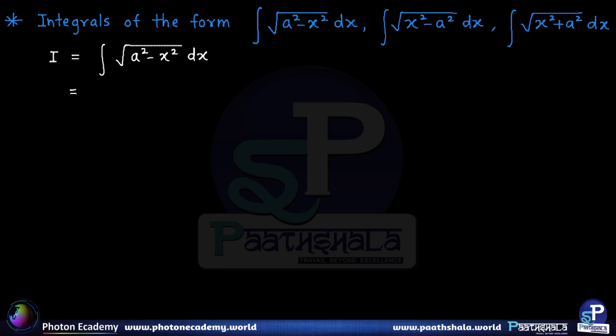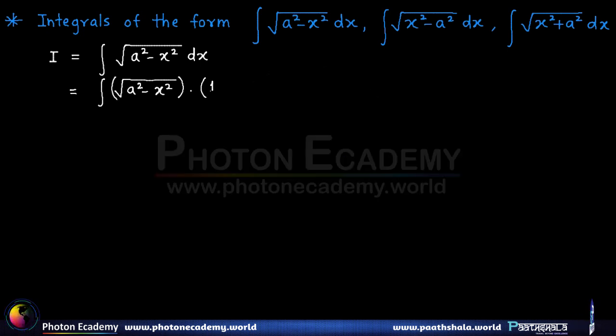So what do we do is, let's consider this root as nothing but the first function, because that is what is to be integrated, and we consider 1 as the second function, right?